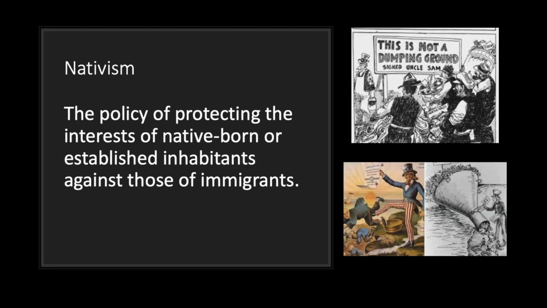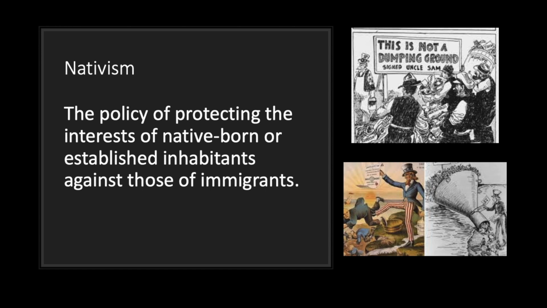The next word we have is nativism. Nativism is basically the belief that the people that are born in the country, or natural born, have more rights or should be protected more than immigrants.